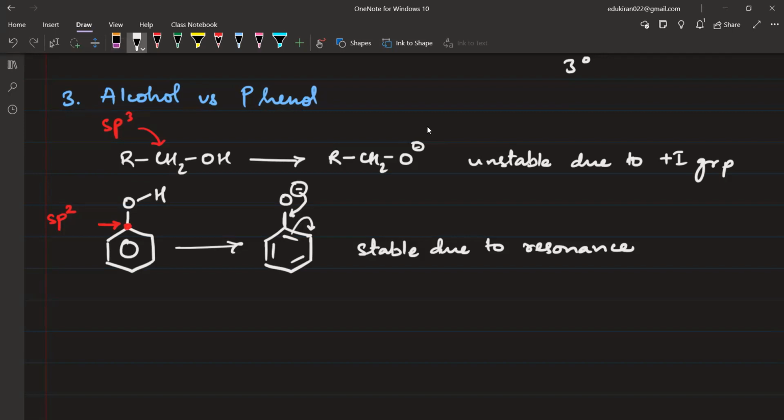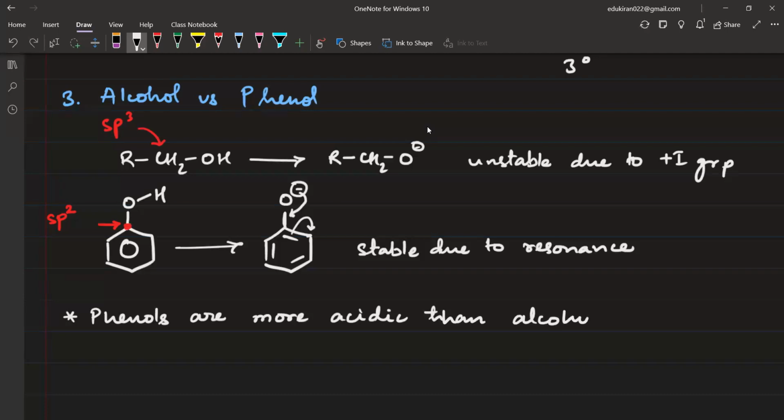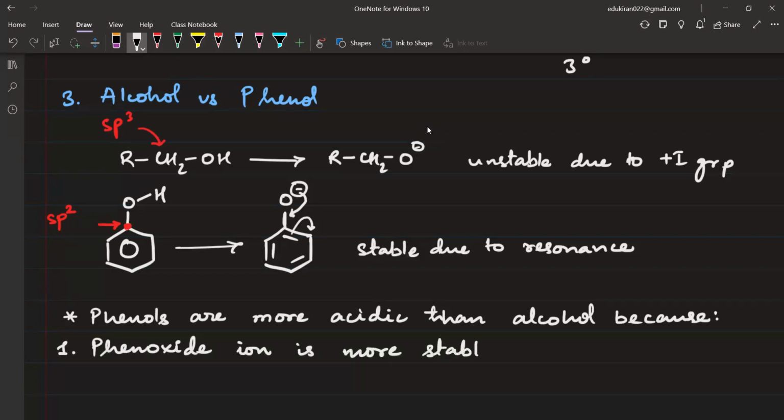So first of all, you will write that phenols are more acidic than alcohol because number one, phenoxide ion is more stable. Phenoxide ion is more stable due to resonance.